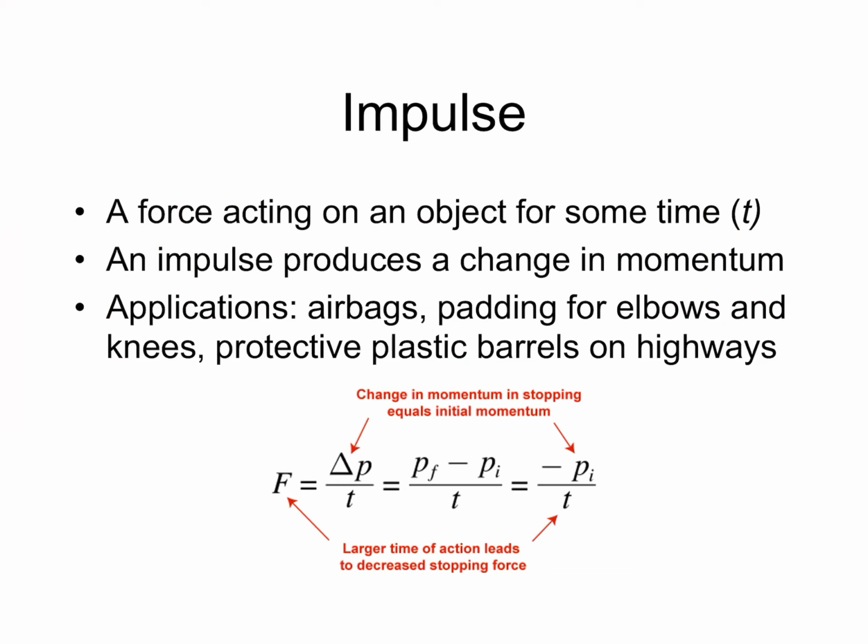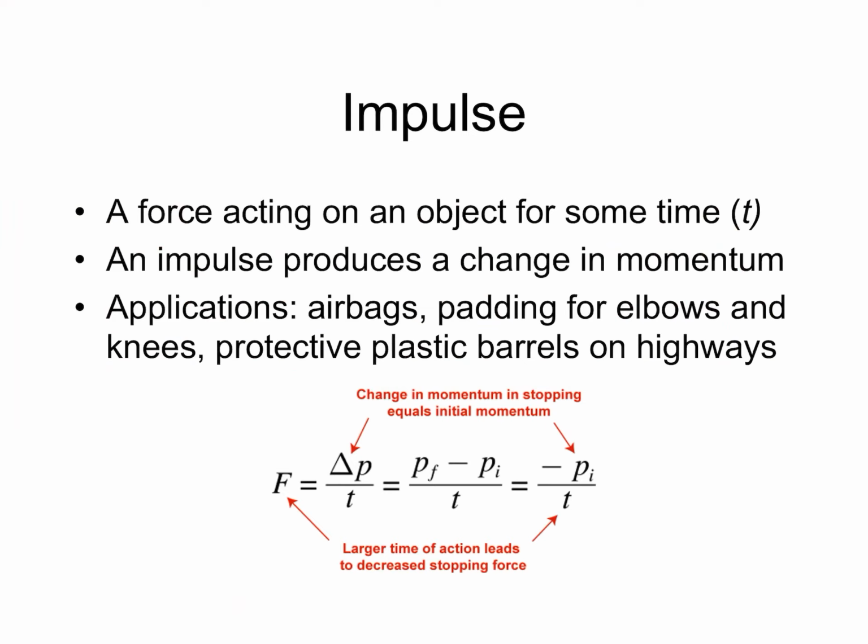so we can talk about impulse really quick. So impulse is a force that's acting on an object for a certain amount of time. Okay, remember how we said that momentum was somewhat related to Newton's second law. So force, obviously, is in Newton's second law.